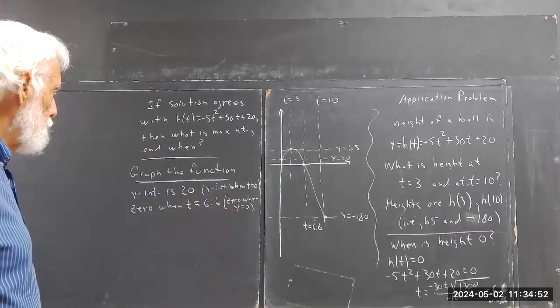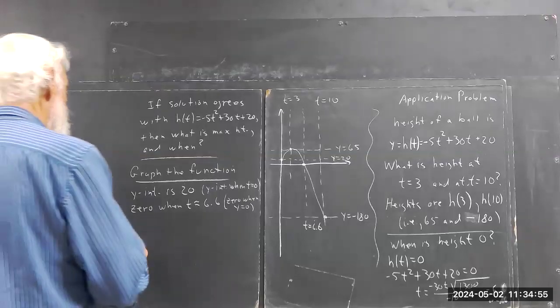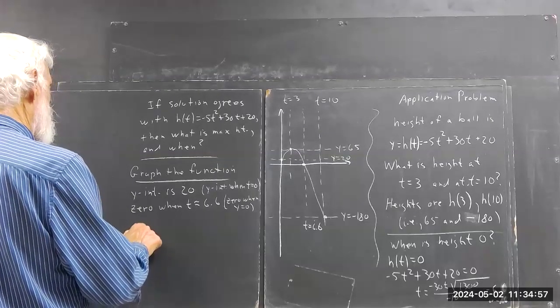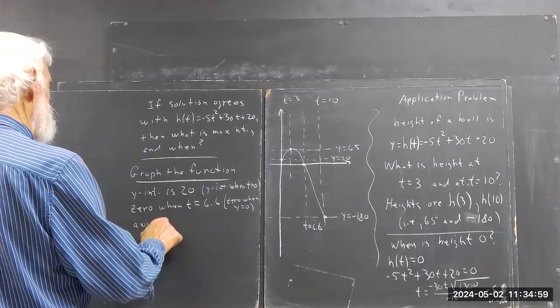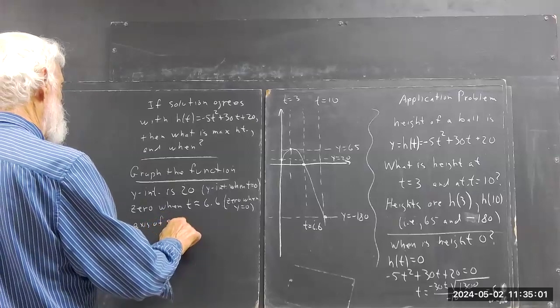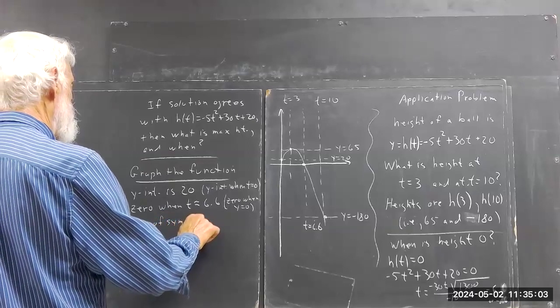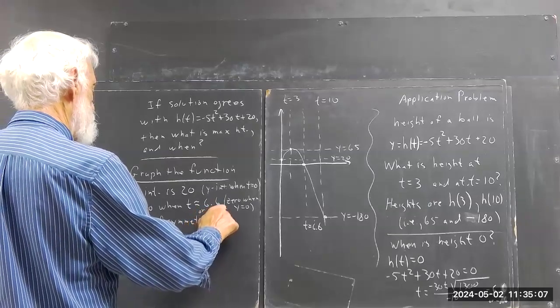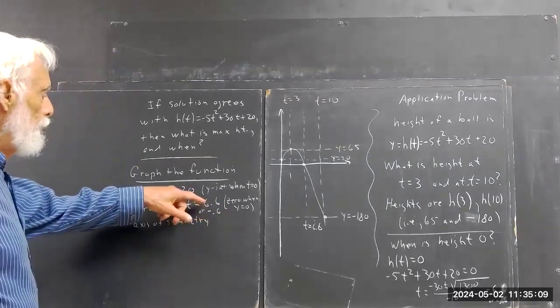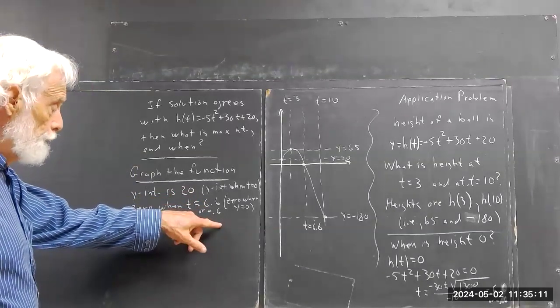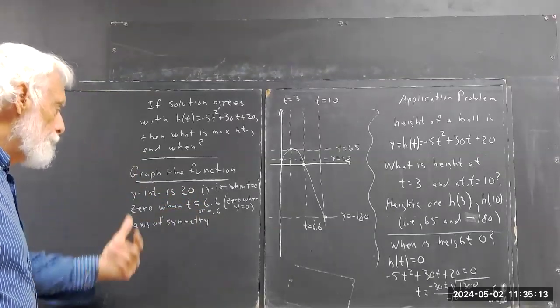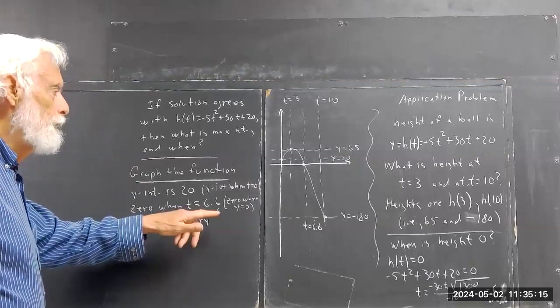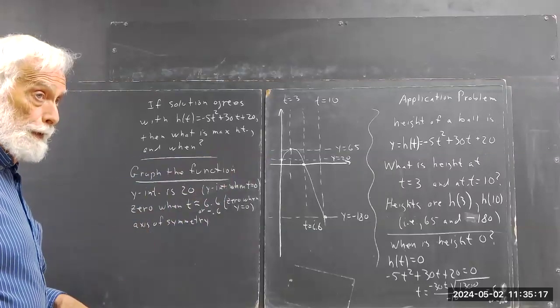Zero when y equals 0. Now, I'll also say, or negative 0.6, because the negative 0.6 will help us with the graph.